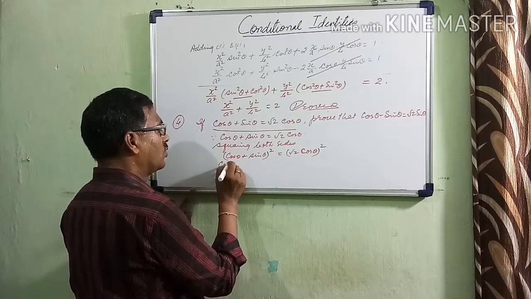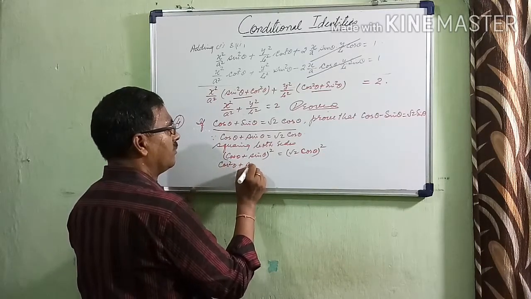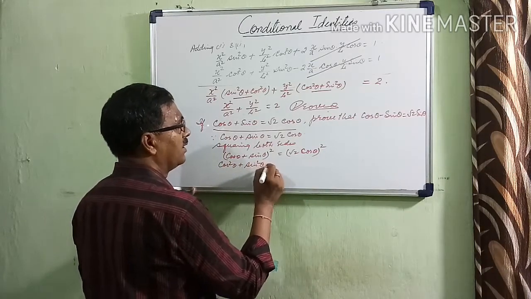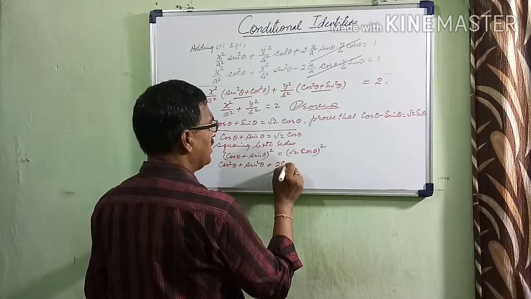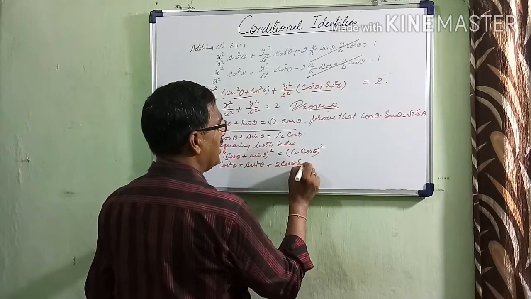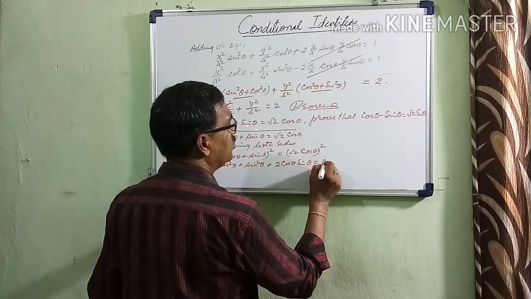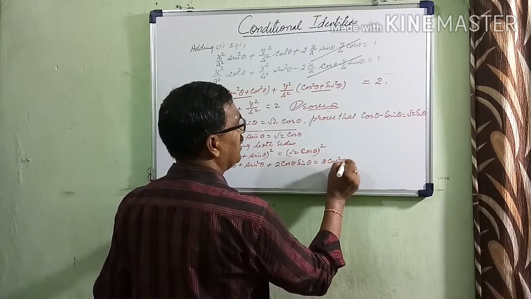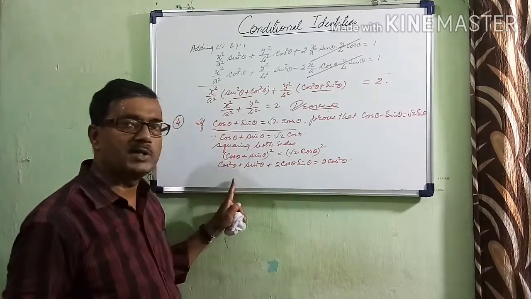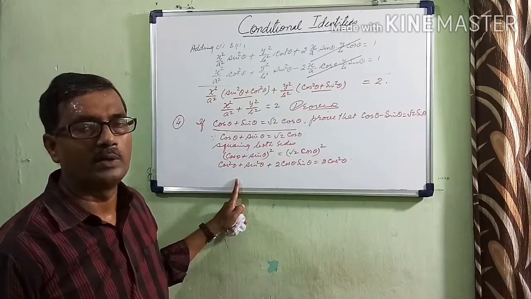Will it be cos²θ + sin²θ + 2 cos θ sin θ = 2 cos²θ? Here at this point you have to be very careful.